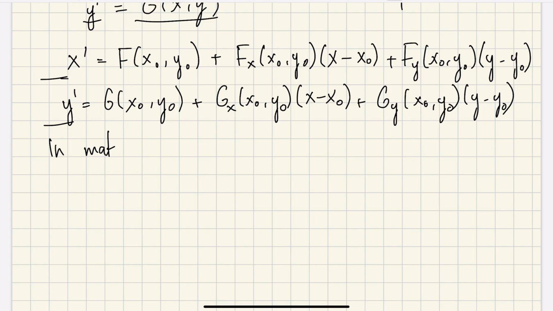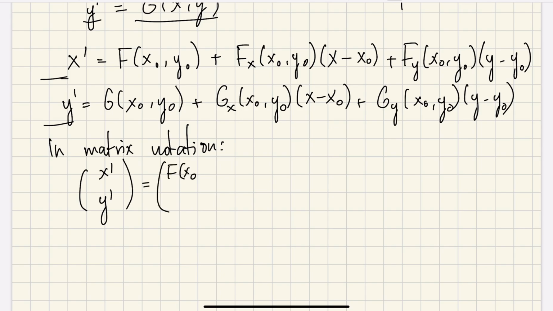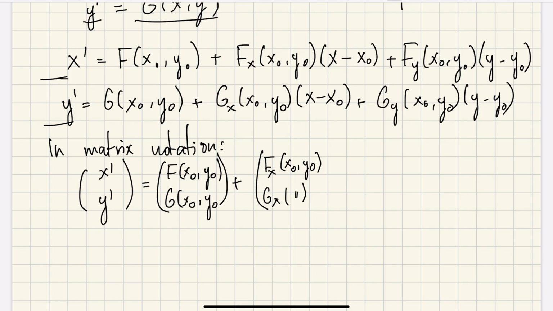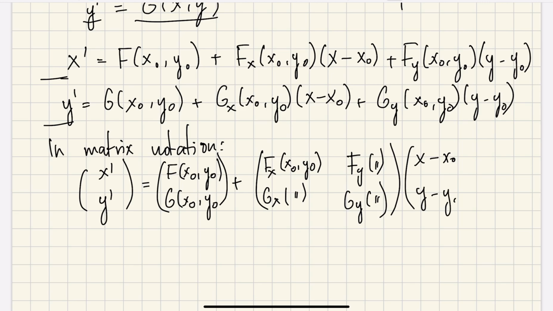So again, writing these in matrix notation, we will get (x prime, y prime) equal to (f of x0 y0, g of x0 y0) plus the matrix with f sub x, g sub x at x0 y0 and f sub y, g sub y, times (x minus x0, y minus y0).